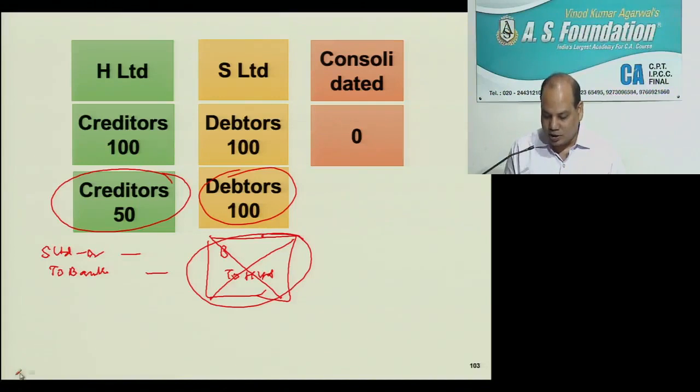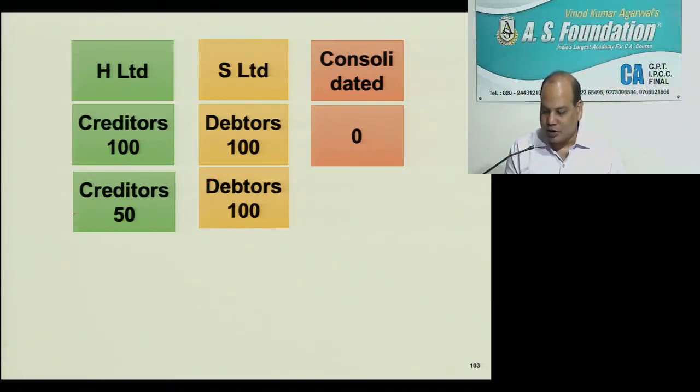But now you are preparing a consolidated balance sheet. So if I deduct from liability side 50 and if I deduct from asset side 100, my balance sheet will not tally. So a 50 rupees difference will come on the asset side.